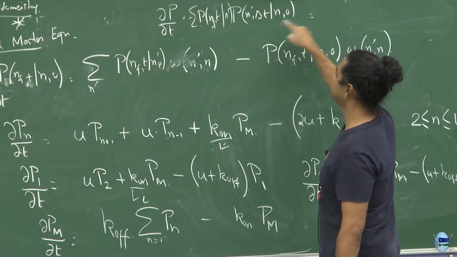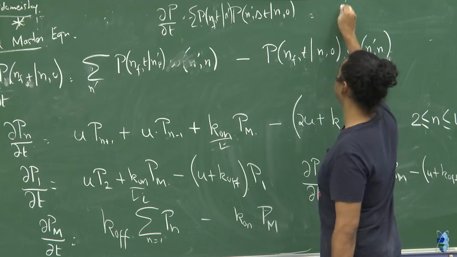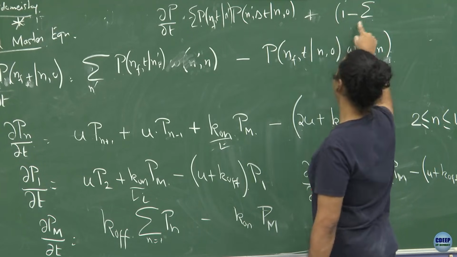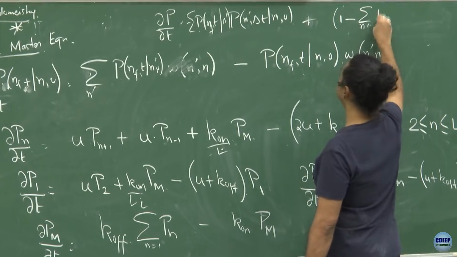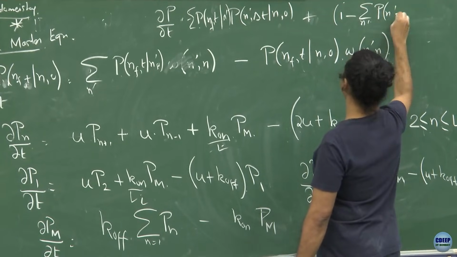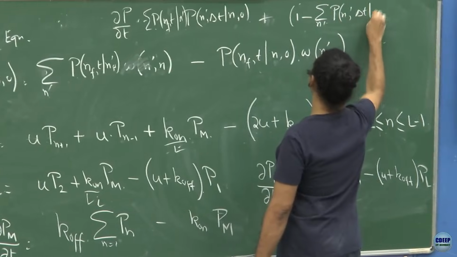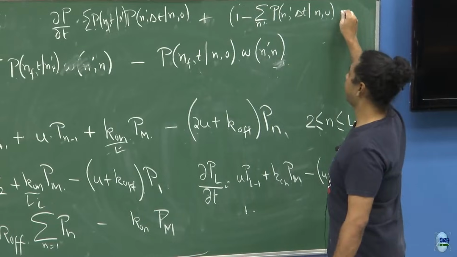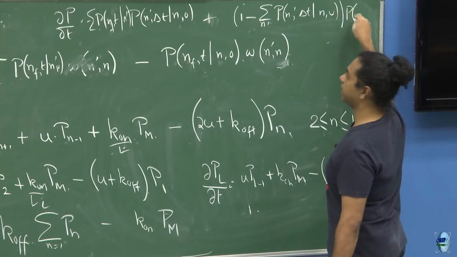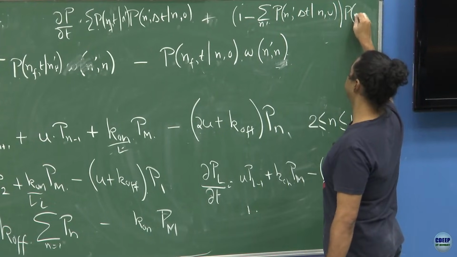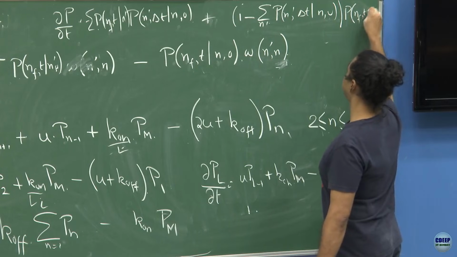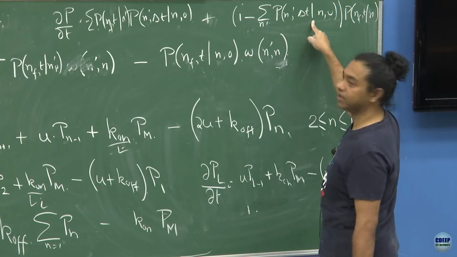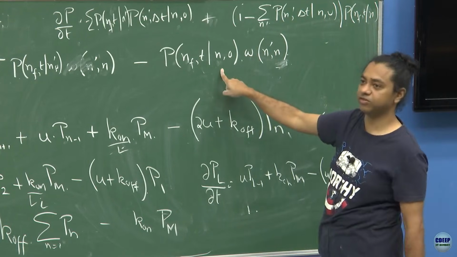And then the next term was that you did not make this step, which was plus 1 minus sum over n prime of p of n prime delta t n 0. So this was the probability that you did not make this jump, and then you multiplied that by the probability that you go to nf in time t from this initial state, right. And then we had done this Taylor expansion and so on, and we had reached this state.